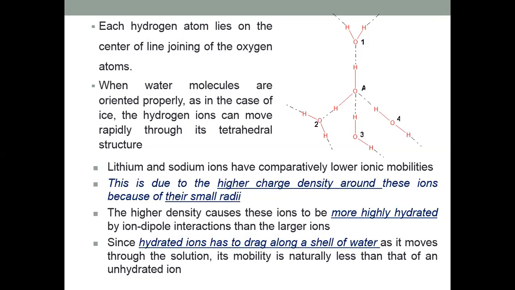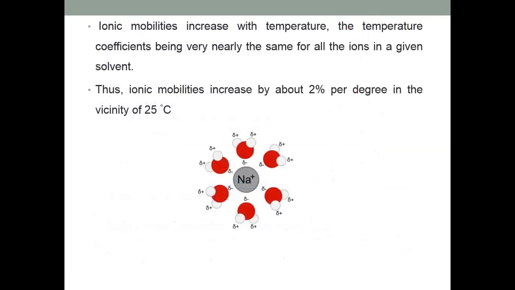Ionic mobility will be larger? No, ionic mobility is lower for the lithium ion due to higher charge density, right? Okay, and what is the effect of temperature? Roughly, with increase in temperature, ionic mobility increases, and that increase is 2% per degree in the vicinity of 25 degrees Celsius.